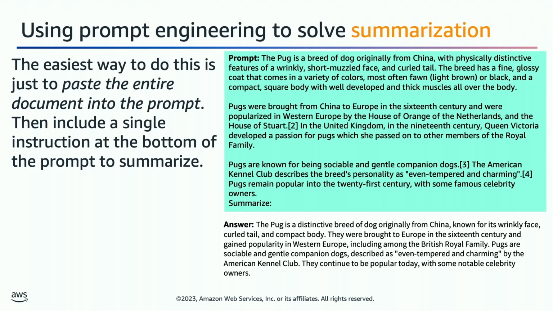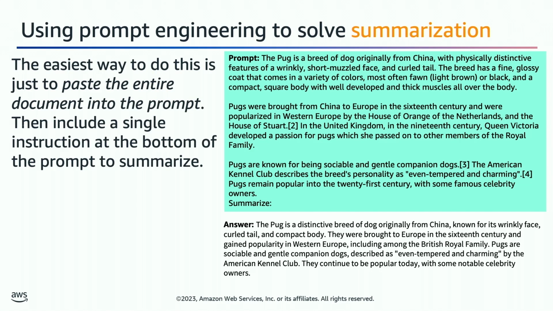All right, so here's an example of how you can use prompt engineering to solve summarization. Now this is a wordy slide, bear with me. The best way to work with prompt engineering is to just paste the entire document into the prompt, like your entire PDF, based on the token size, how large your model can accept.